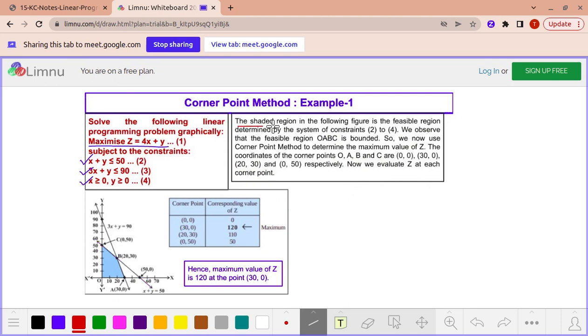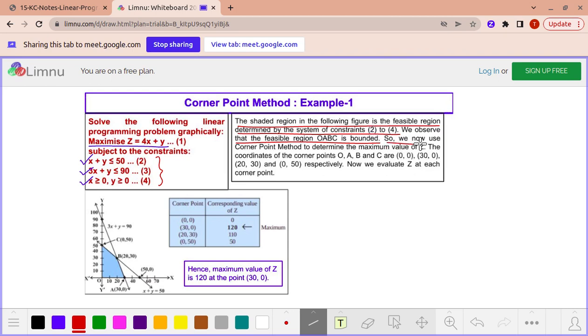The shaded region in the following figure is the feasible region determined by the system of constraints 2 to 4. Now, we observe that the feasible region OABC is bounded. So, as it is bounded, we can have the maximum value of the objective function.